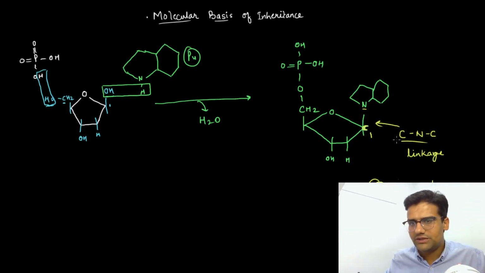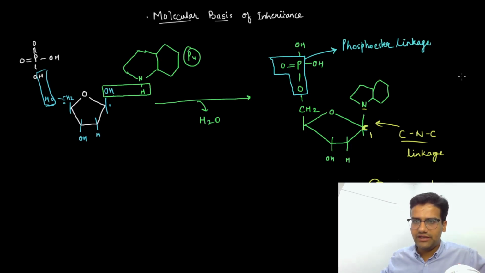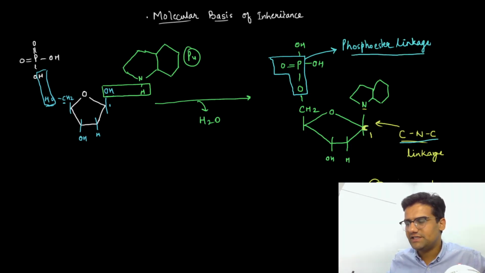This bond here is basically what we call the phosphoester bond. So this linkage is the phosphoester linkage and this linkage is the CNC linkage.